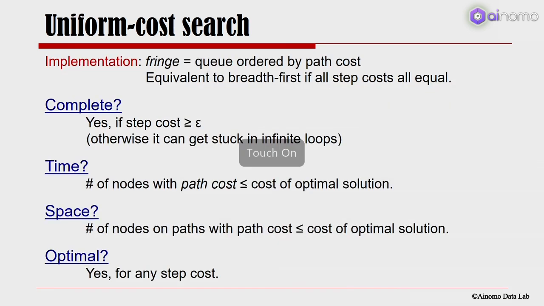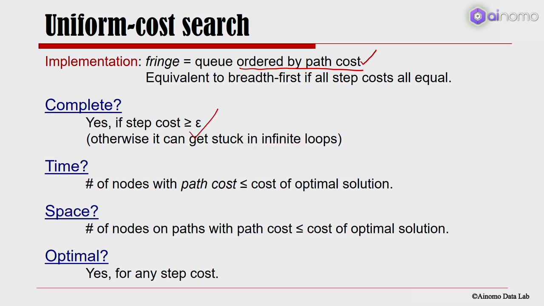So for uniform cost search, implementation-wise, the fringe is a queue, but ordered by the path cost. This is equivalent to breadth first if all step costs are equal. The question is whether it is complete.